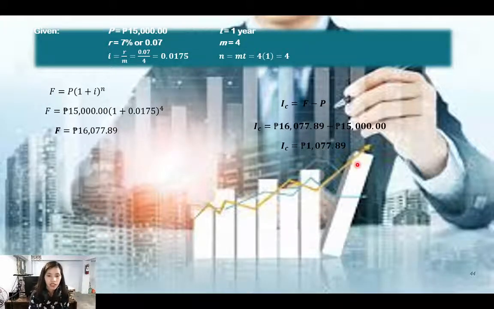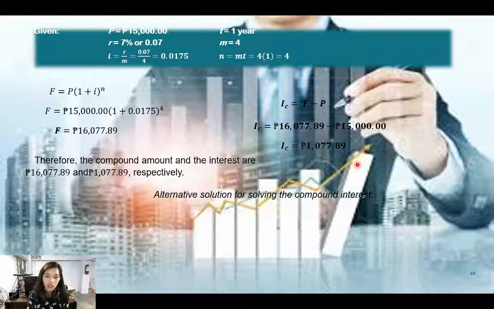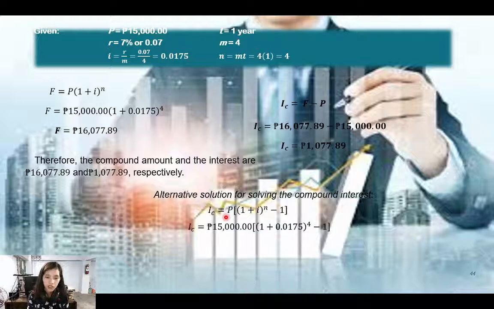1,077.89. So, therefore, the compound amount and the interest are 16,077.89 and 1,077.89 respectively. So, meron din siyang alternative solution. Ginamit niya din yung isang formula. Yan, sinubstitute lang. And, parehas lang din sila ng lumabas.